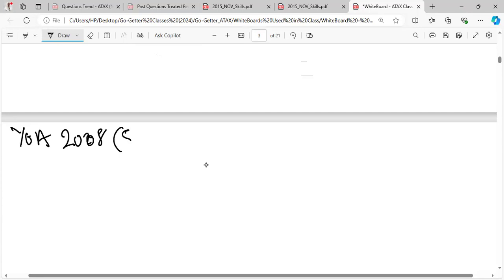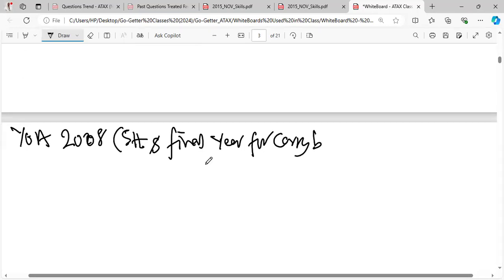You say fifth and final year for carryback. Fifth and final year for carryback of capital allowance.